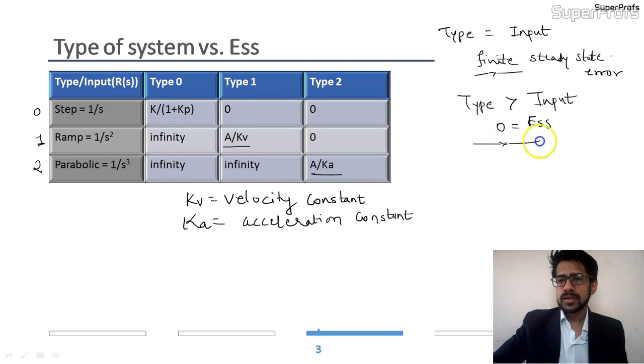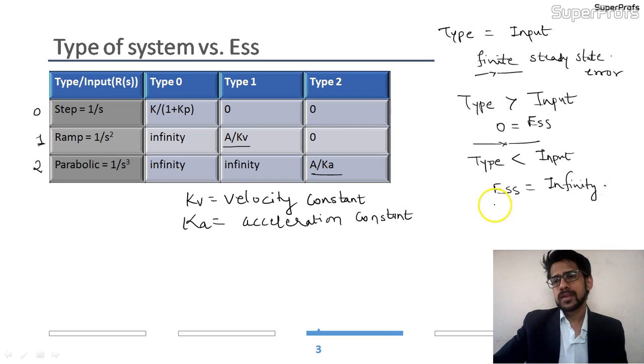Also, for type less than input, ESS is equal to infinity. So this is how, by understanding and looking at this particular table, you can easily remember the ESS or steady state errors that you get for different types of inputs.